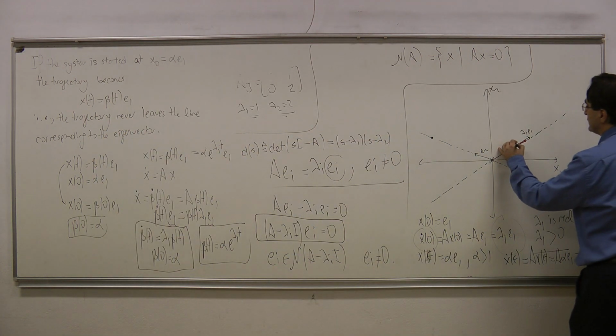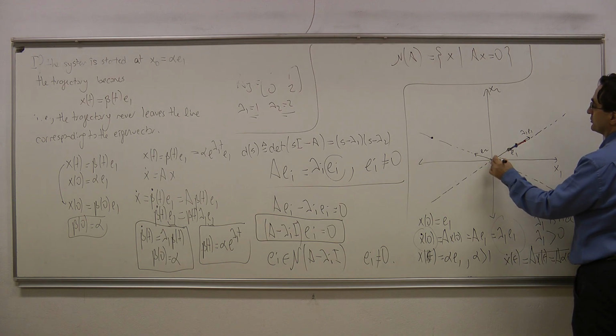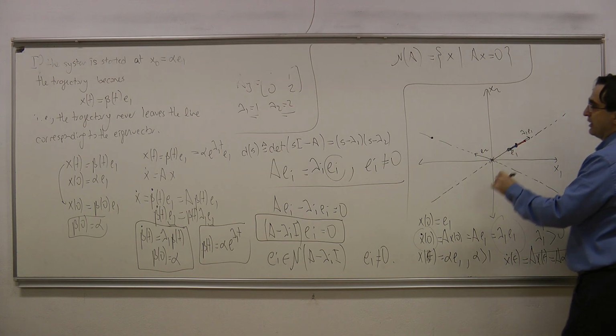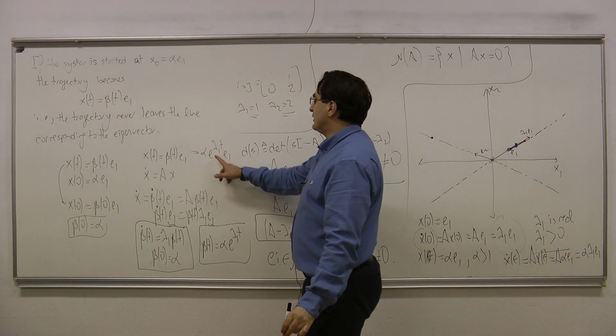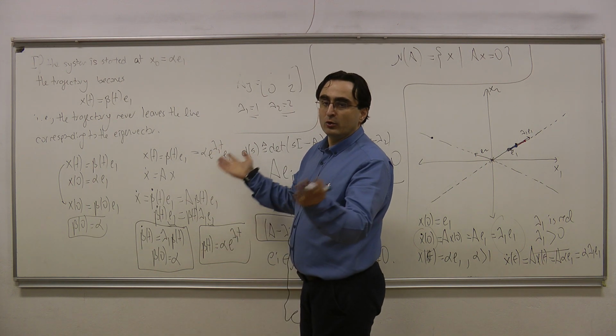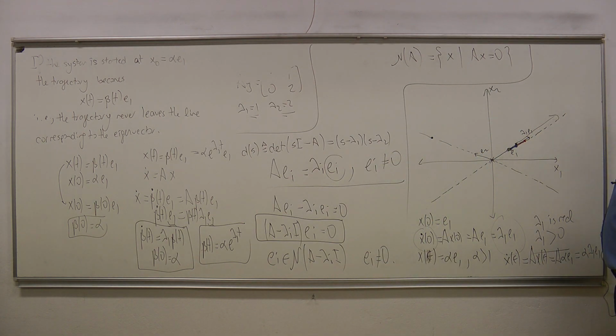Suppose that alpha is positive. So we start the system somewhere here. If alpha is positive, the initial condition is alpha times E1, so we're going to be somewhere here on this line. If lambda 1 is positive, this exponential is going to grow, so the state is going to go in that direction forever.